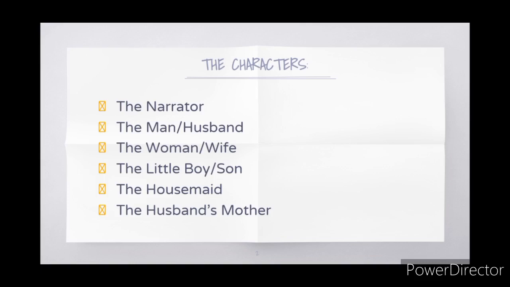And the next one is the little boy or the son. He is the only child of the couple. The little boy is largely oblivious to his parents' safety concerns throughout the story. This will be discussed in the second part of the report. Then the next one is the housemaid.